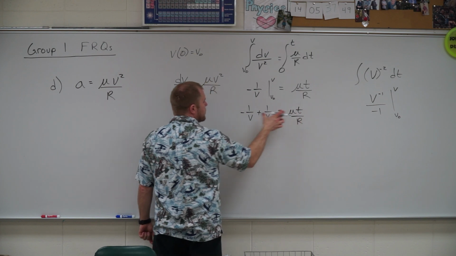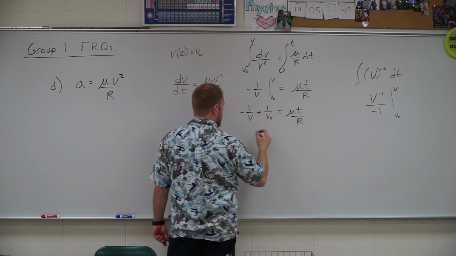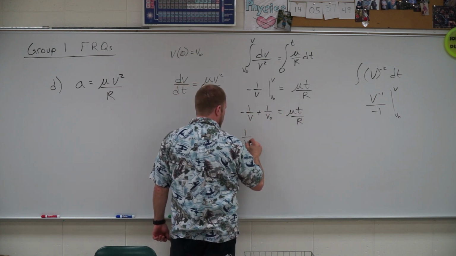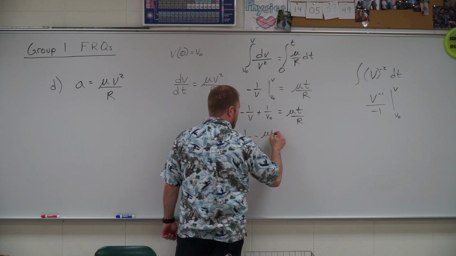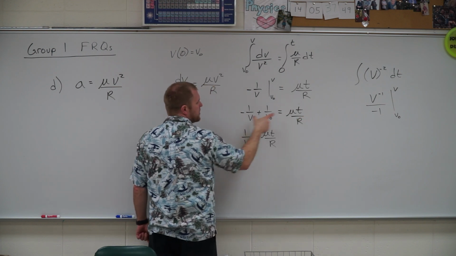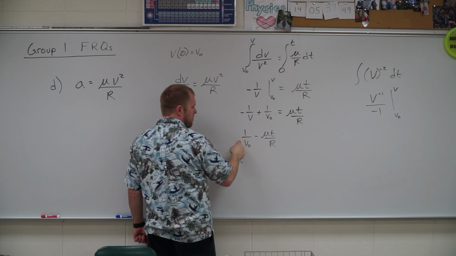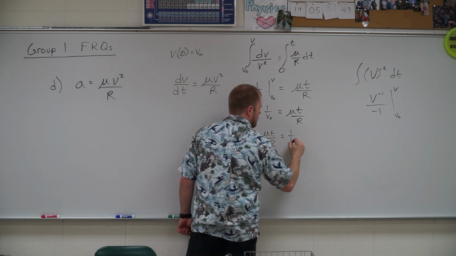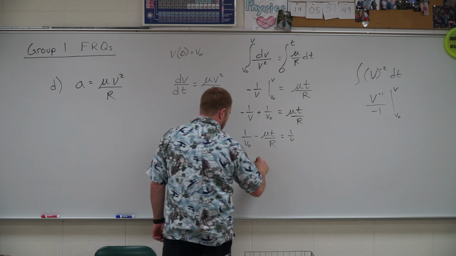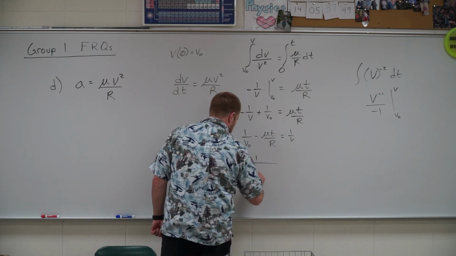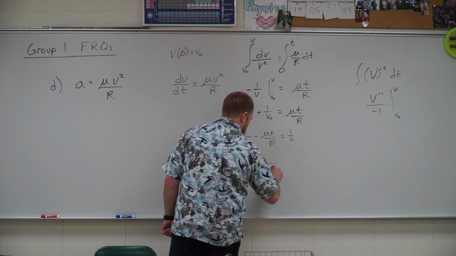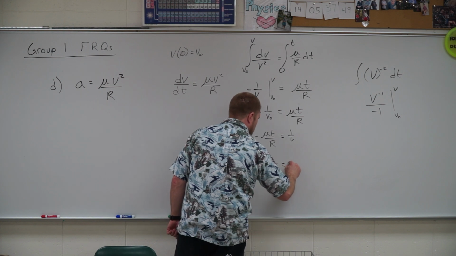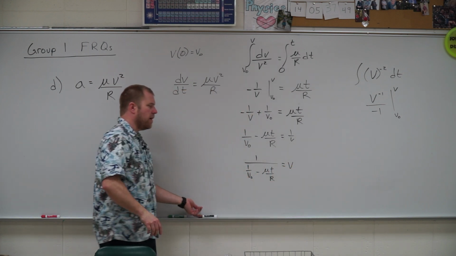So we'll move this term over, move my 1 over v over, so now I have 1 over v naught minus mu t over r. When I move this over, it became negative, so I minused it. When I move this negative 1 over v over, it became positive. And now I just need to inverse the whole thing, so I have 1 over v naught minus mu t over r equals v. And we have solved it.